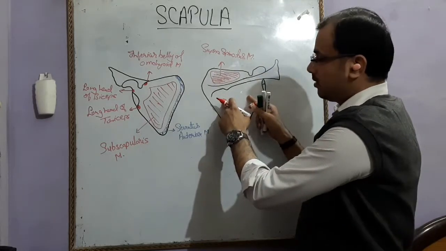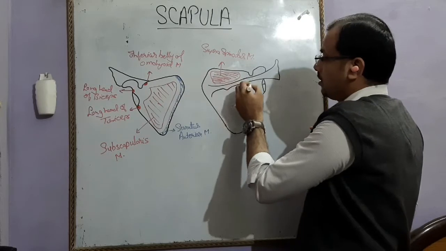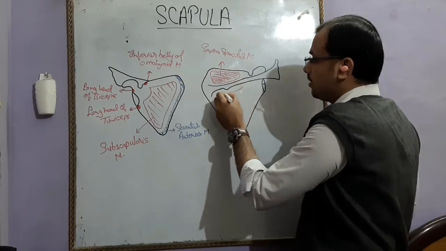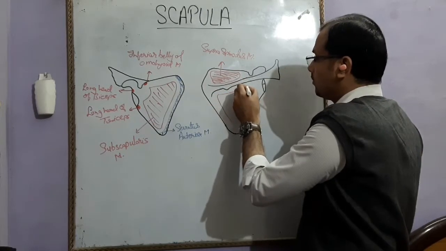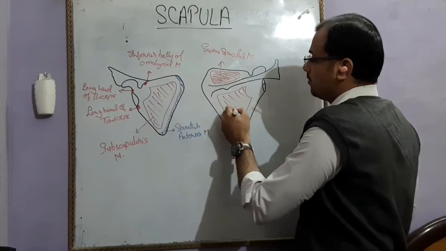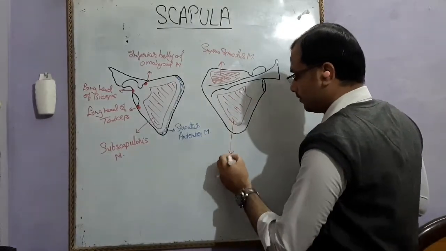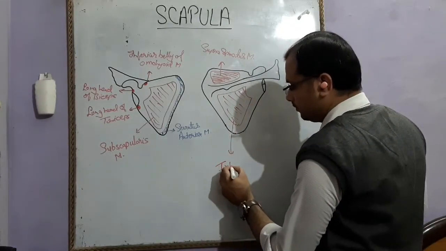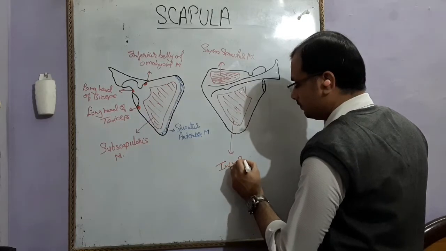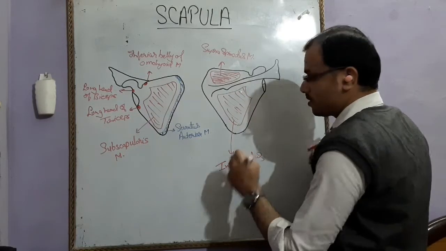On the infraspinous fossa, the medial 2/3 portion is attached by infraspinatus muscle. Infraspinatus muscle.